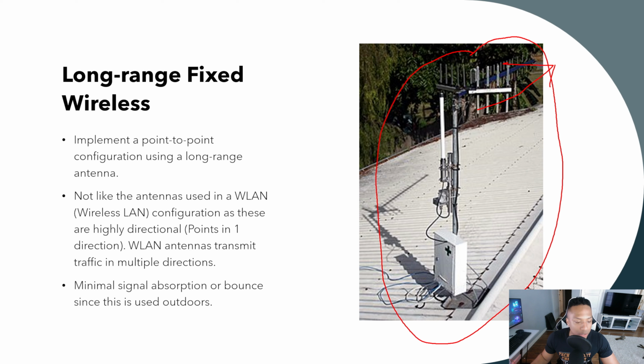So with this, you have minimal signal absorption or bounce, since this is used outdoors and there's probably not much in the way. I have never seen this implemented, but this was on the exam, so I gotta talk about it. But just remember, long-range fixed wireless is a point-to-point configuration.